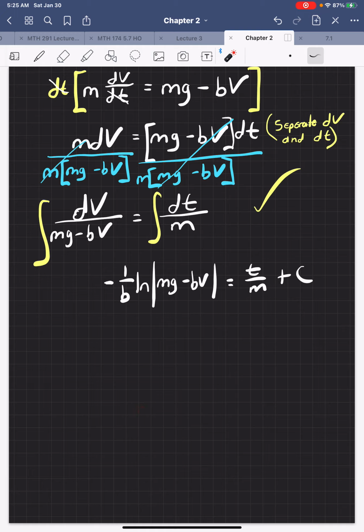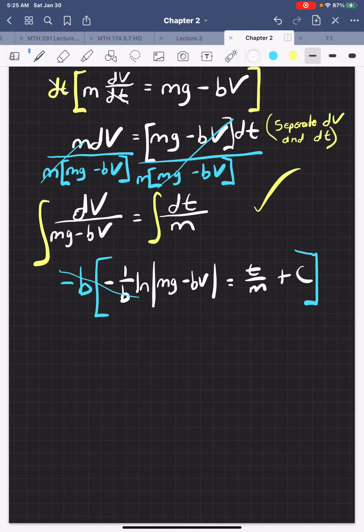So our goal is to get v. Now, how do we do such a thing? Well, I'll walk you through this. We're going to multiply both sides by negative b. One thing at a time.